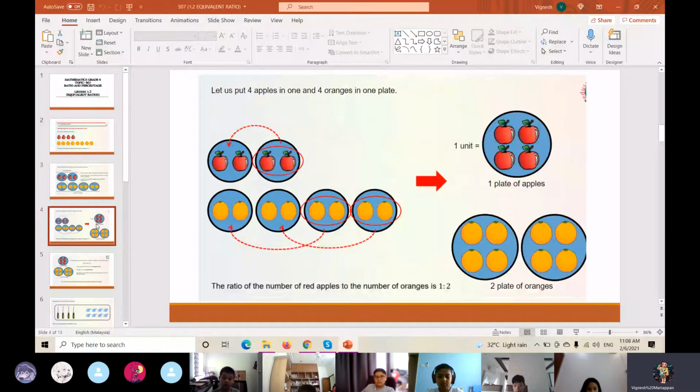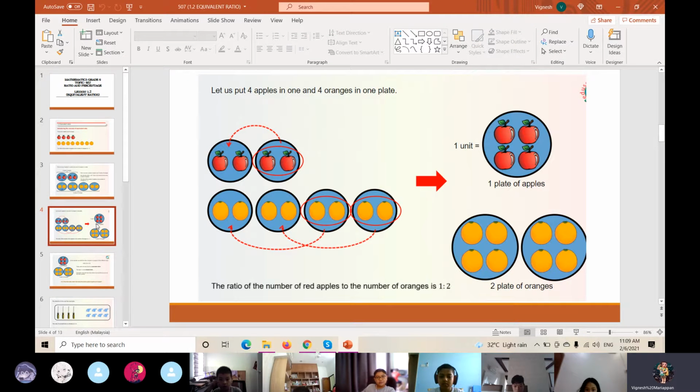Let us put 4 apples in one plate and 4 oranges in one plate. So which means one plate of apples, we have 4 apples, we categorize it as 1 unit. And then same goes to the oranges. 2 plates of oranges. 1 plate consists of 4 oranges. 1 more plate consists of 4 oranges.